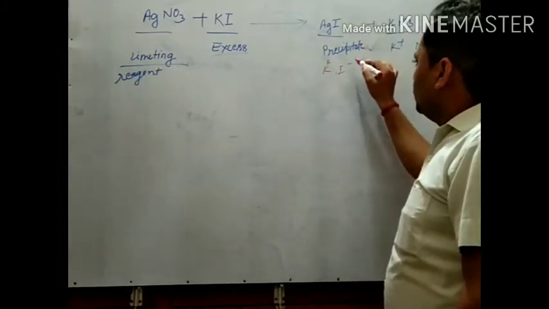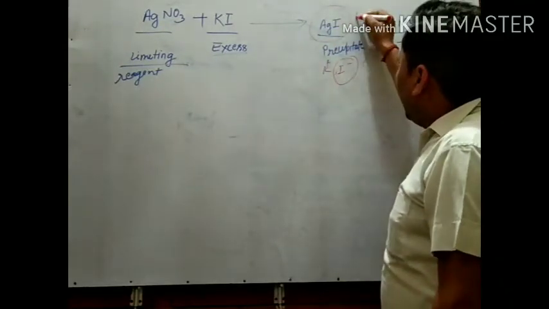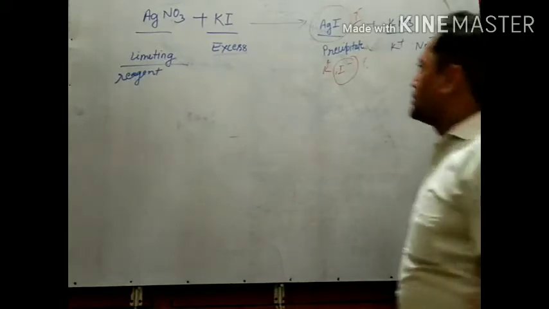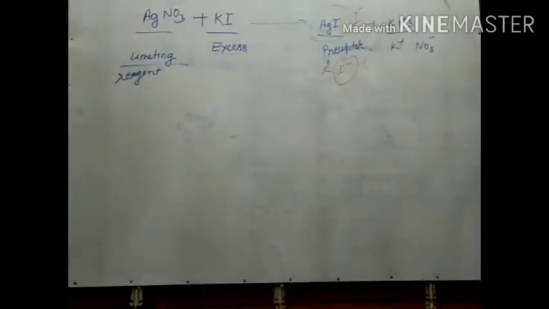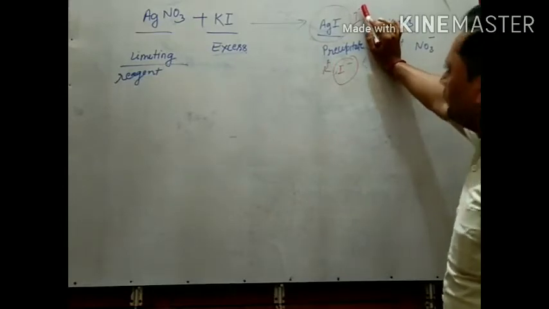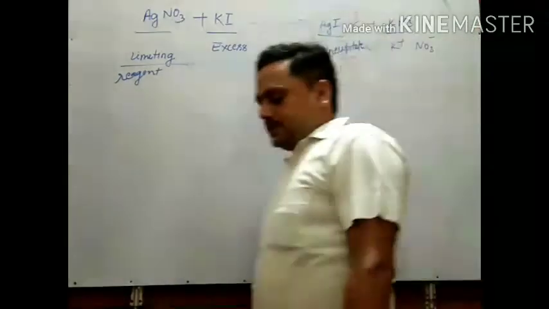So this AgI adsorbs the I minus ion, and due to adsorption of I minus from the dispersion medium, a negative charge is developed.